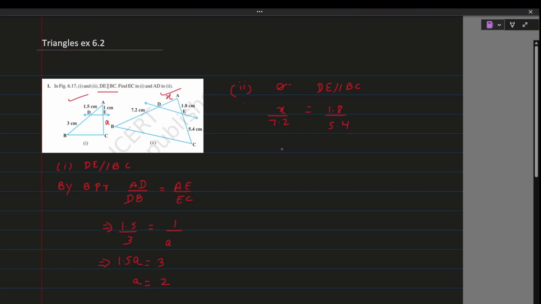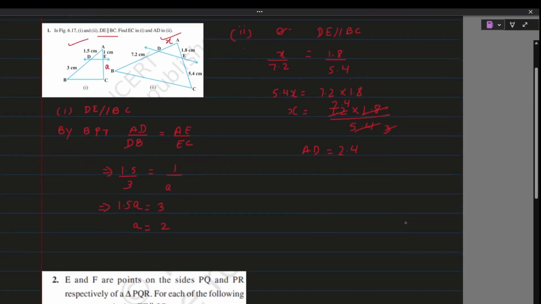If we do cross multiplication, 5.4x is equal to 7.2 into 1.8, divided by 5.4. 7.2 times 1.8 by 5.4, we can cancel out by 3 and it will be 2.4. So it means AD is equal to 2.4 centimeters. Okay, now let's do question number 2.